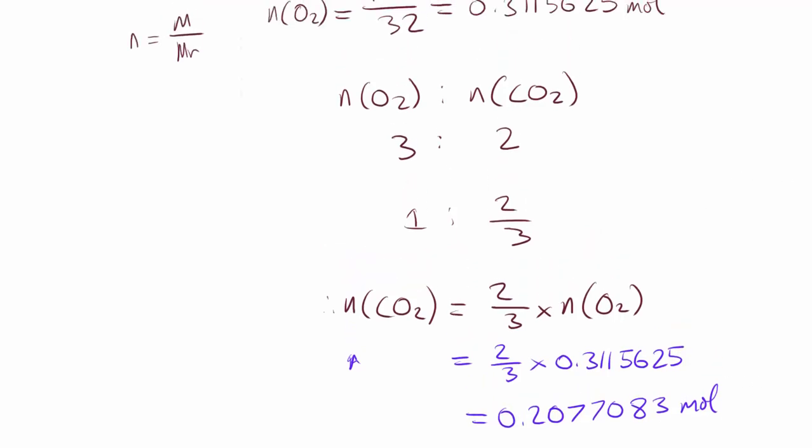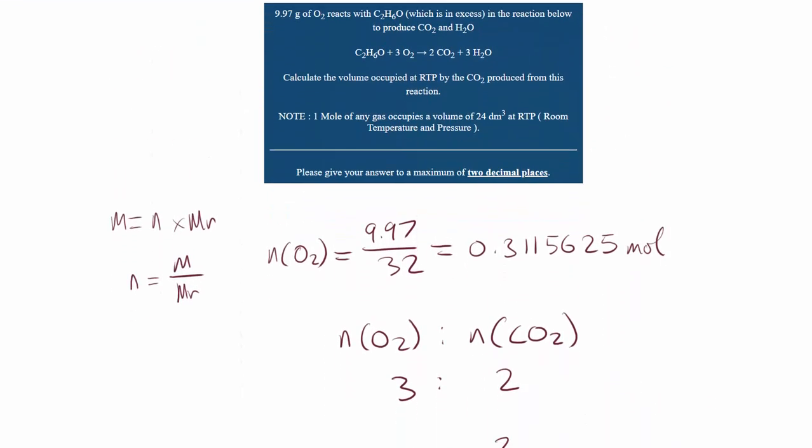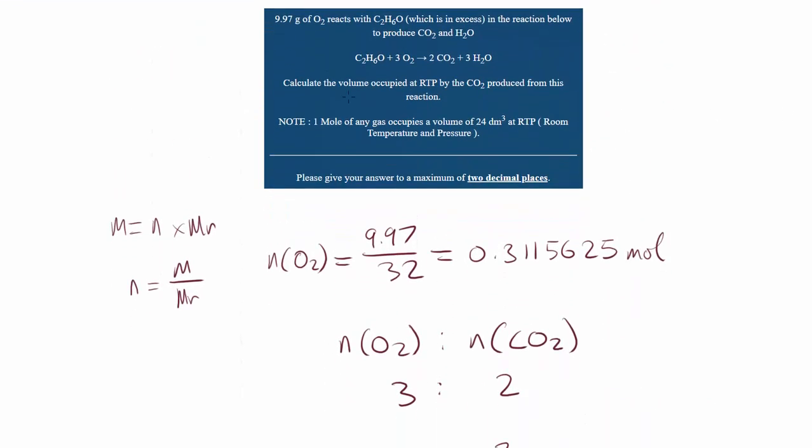As we were told in the question, 1 mole of a given gas at room temperature and pressure occupies a volume of 24 decimeters cubed. So if we multiply the number of moles of carbon dioxide that we got by 24, we can work out the volume.